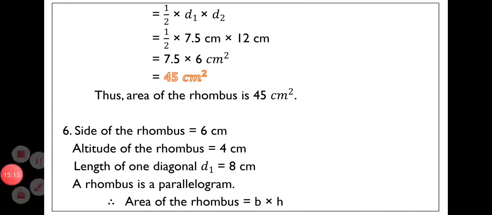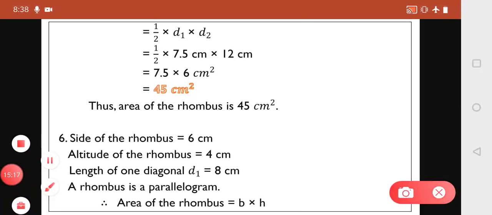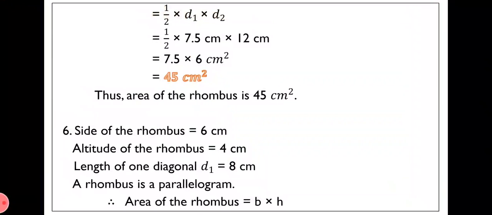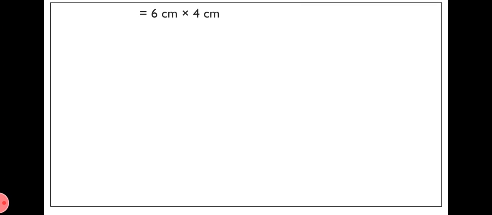Now here base is already given, side of the rhombus as 6 centimeter, and altitude, that is nothing but height, so we'll take height as 4 centimeter. That is equal to 6 centimeter into 4 centimeter, that is equal to 24 centimeter square. Therefore the area of the given rhombus is 24 centimeter square.